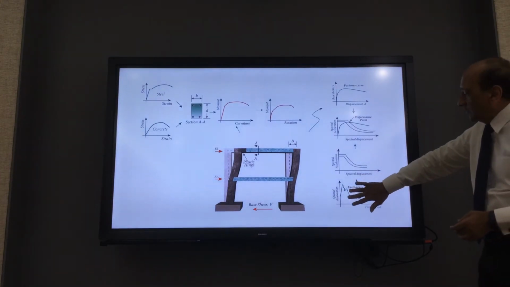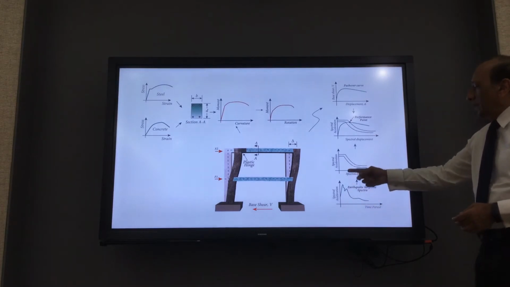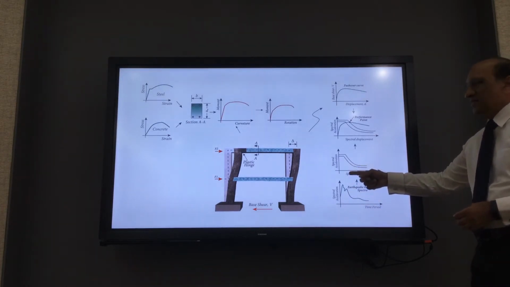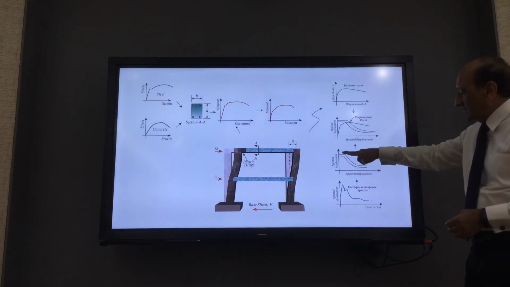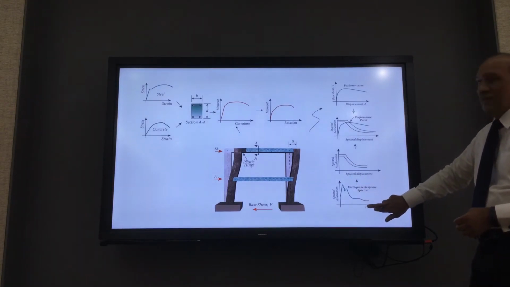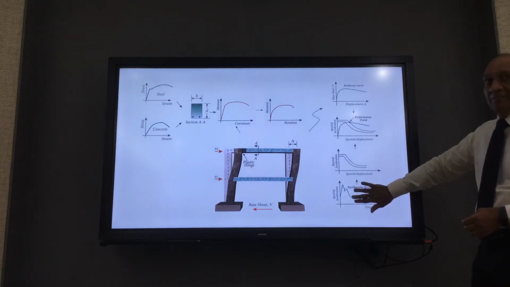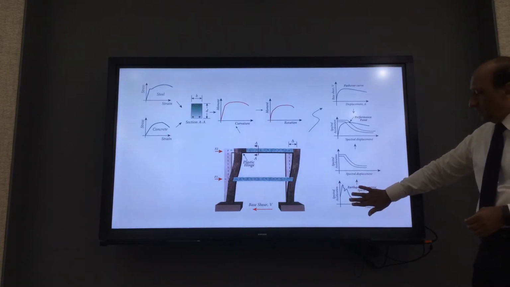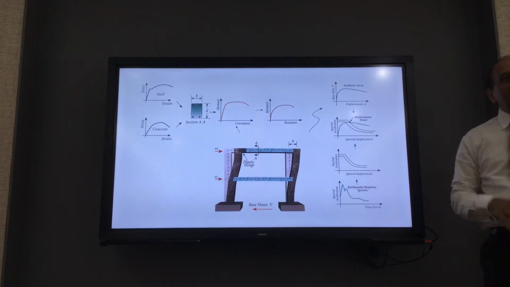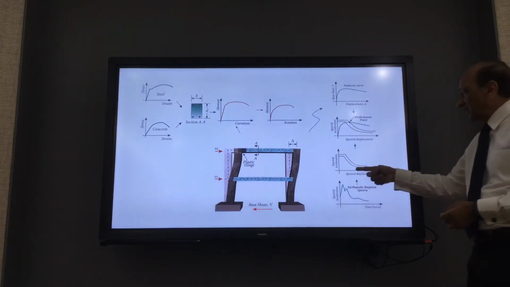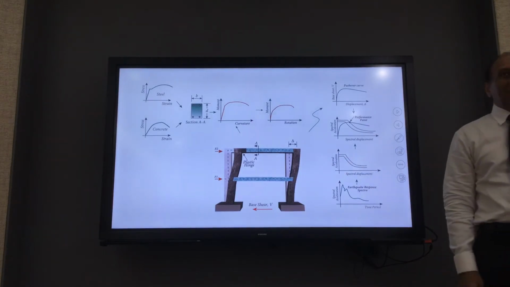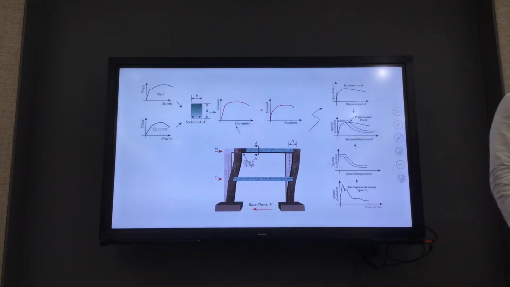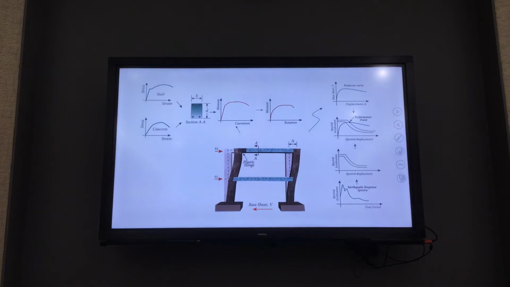The response spectrum is a relationship between the spectral acceleration and the natural period. From that, we can convert it into ADRS format, which has spectral displacement and spectral acceleration instead of natural period. The same response spectrum can be plotted on a different scale, with displacement on one axis and acceleration on the other.